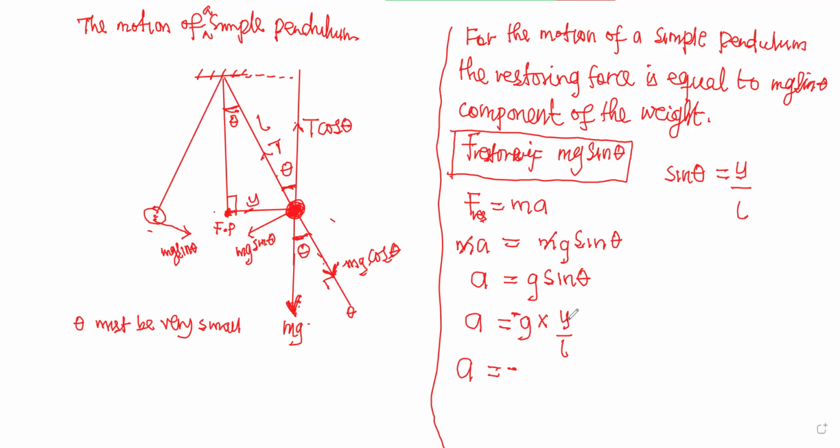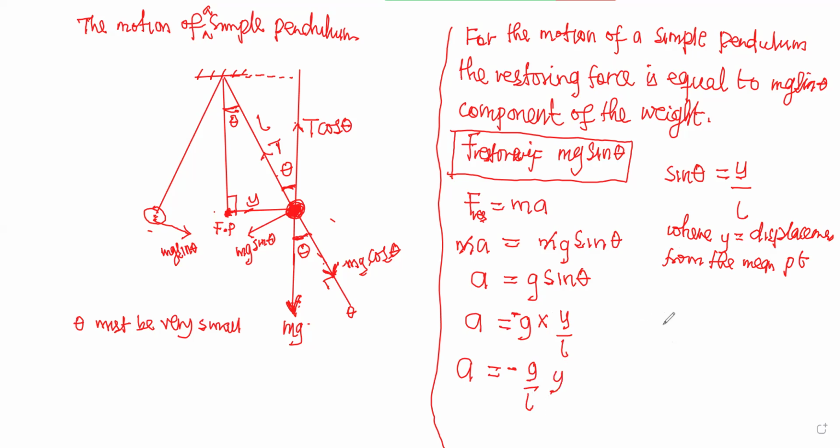So the displacement is y, where y equals displacement from the mean point. Therefore, we have a is equal to negative g over L times y.